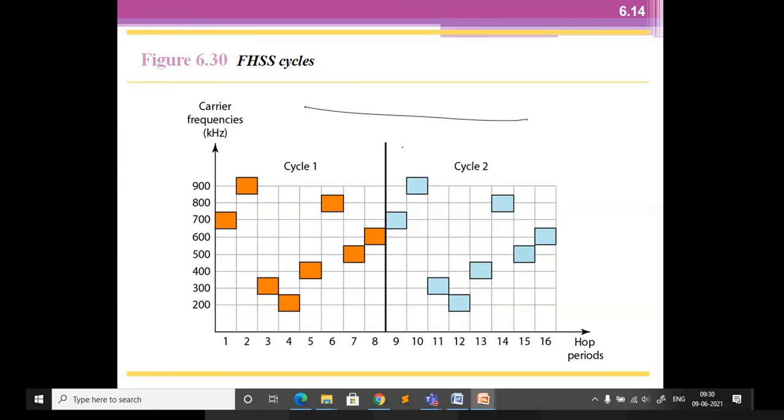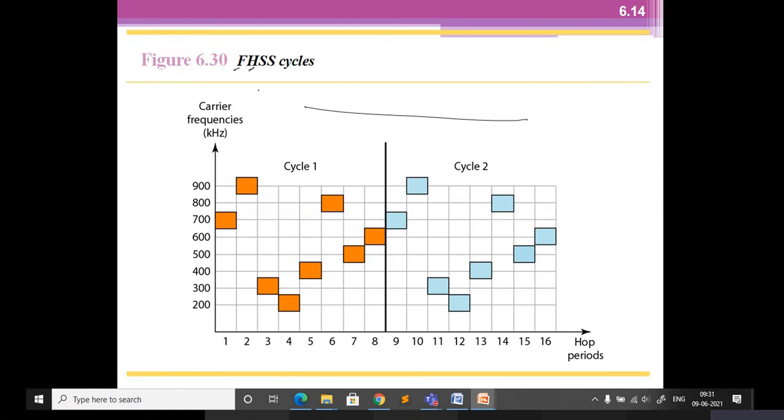The first part of the signal uses frequency 700, the next part uses 900, and each time it uses different frequencies. This is one cycle, one set of data, and the same thing repeats for the next cycle. That is called spreading. Our data is spread, and it is also called frequency hopping.